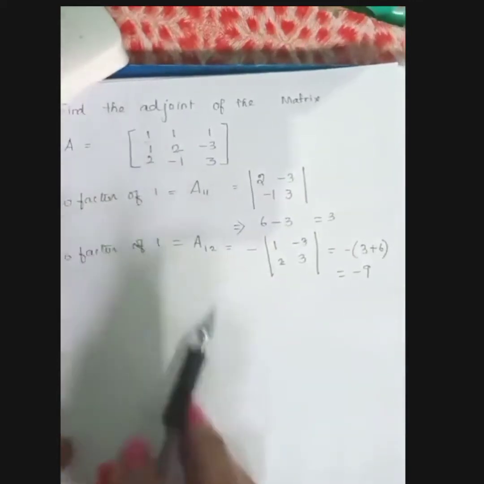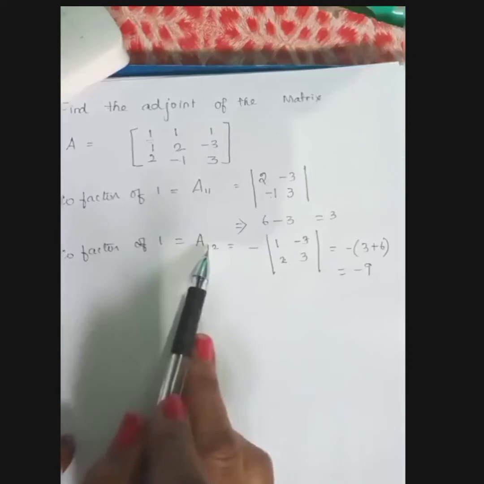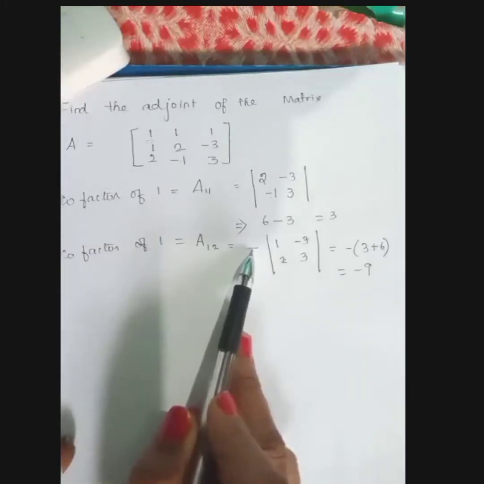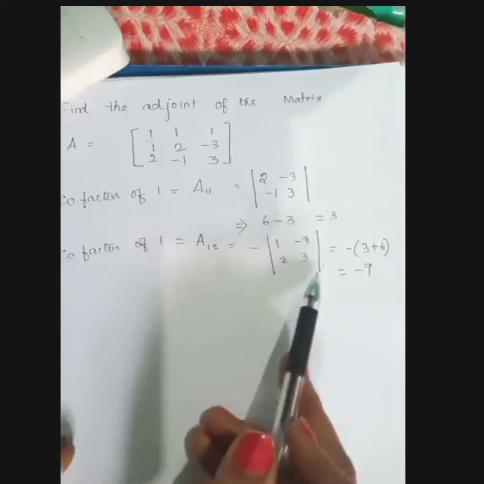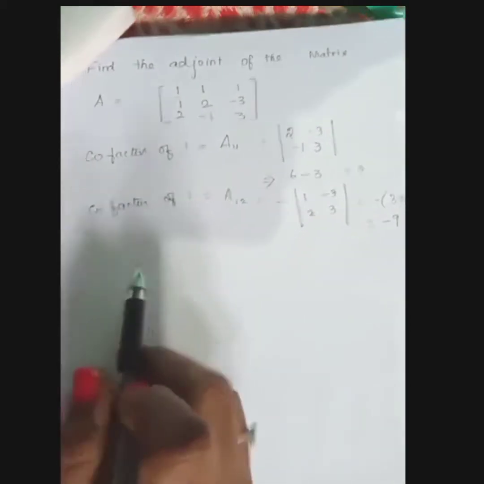Here why it is negative: you can remember that 1 and 2 have sum 3, and whenever the sum is odd, you have to multiply minus with the determinant, so that you get the cofactor of the corresponding element.